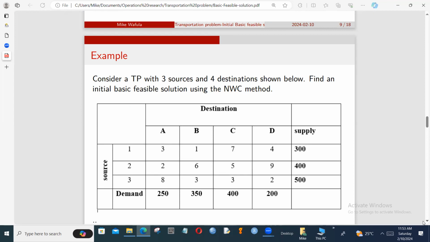I'll be sharing the results on the notes, but for now, also do some writing. So draw the table, and then we see how we use the northwest corner method to determine the initial basic feasible solution.